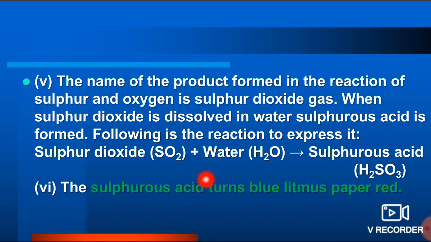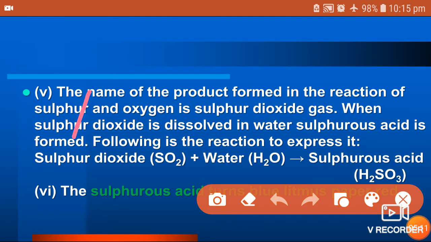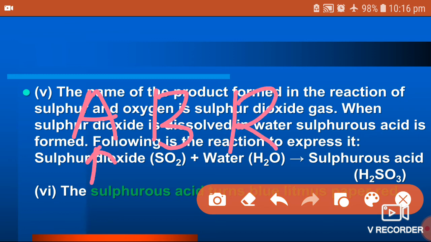This acid turns blue litmus paper red. Again, a short trick for this: A is for acid, B is for blue, and R is for red. So acid turns blue litmus paper red. In this way we can remember.